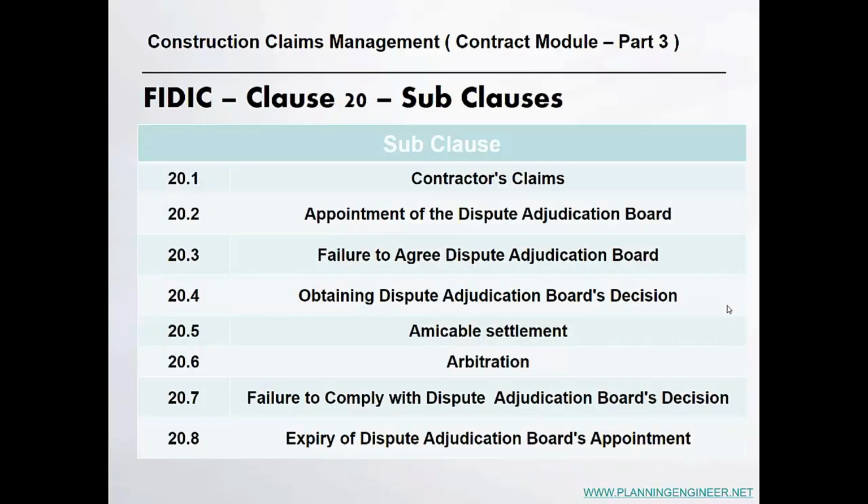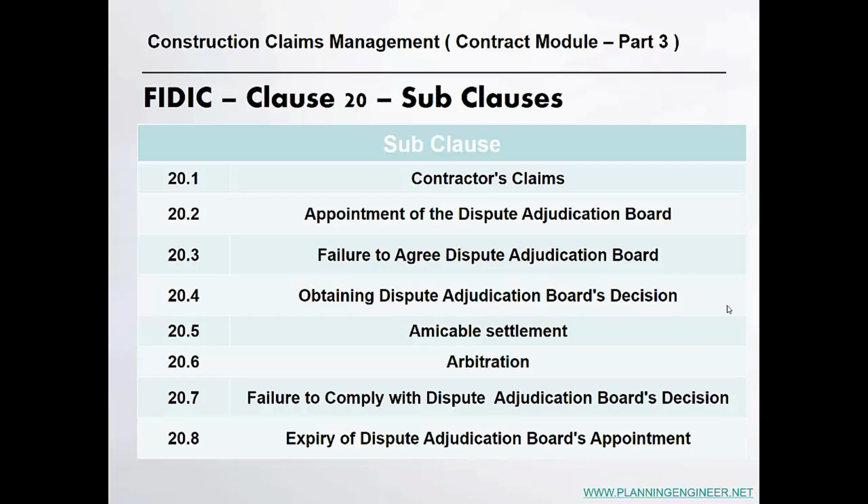Clause 20 is very important for claims. This is what talks about construction claims, and there are some sub-clauses in this clause. I typed it here for you for your reference, because if you are preparing a claim, you might need to know where to find relevant clauses to refer to in your letters or your narrative or whatever.